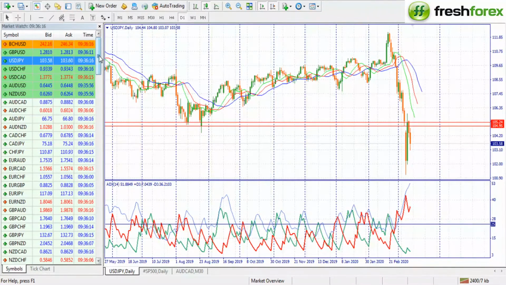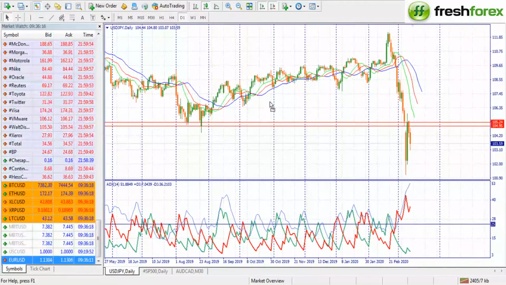So let's see the next symbol, Euro USD. We have this, a resistance, this is a break above. Then yesterday we had a bearish pin bar. So we expected price to go up to this support.